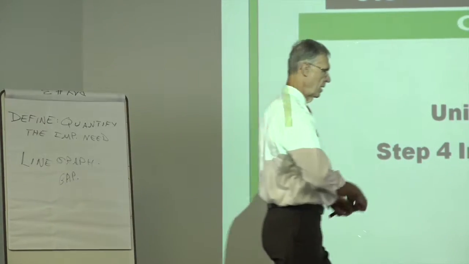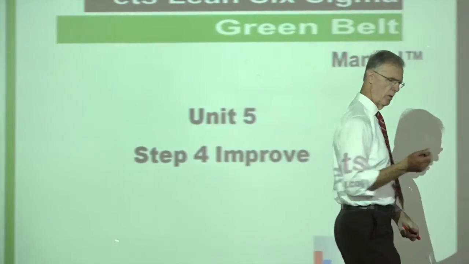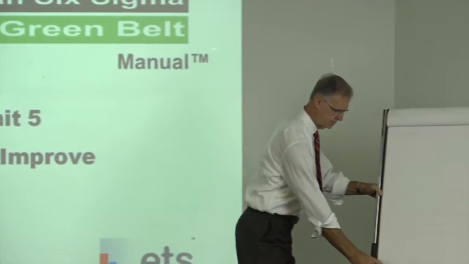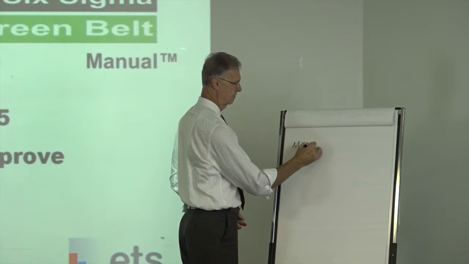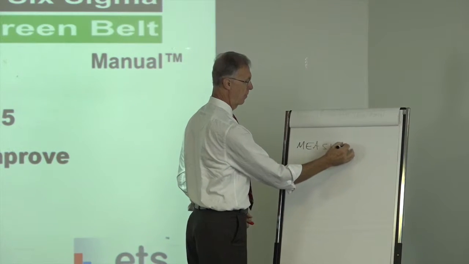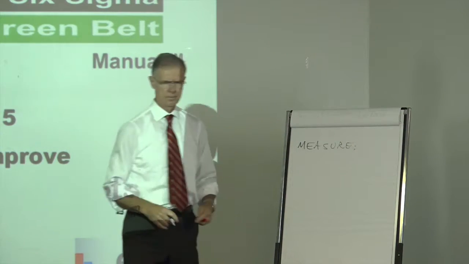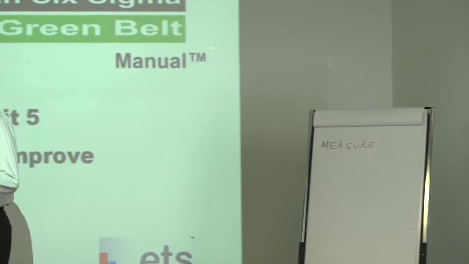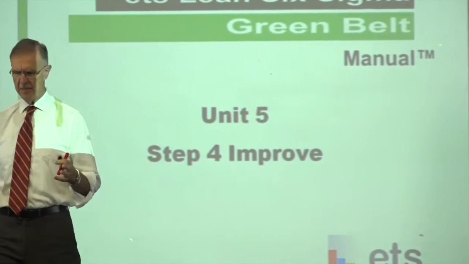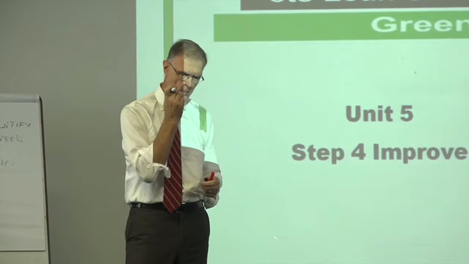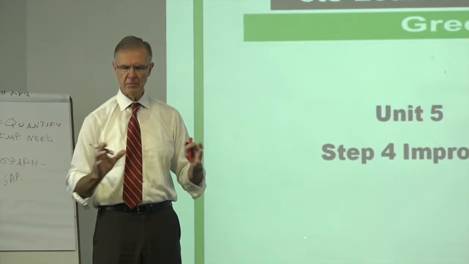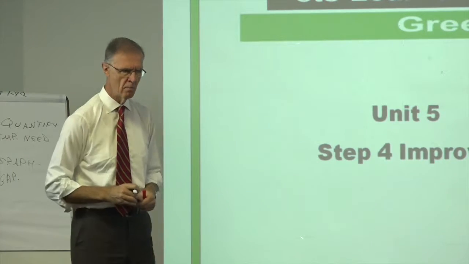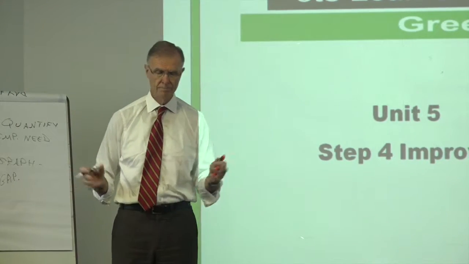Now, in the measure step, what are we trying to accomplish here? Define a problem. Define the problem. Okay, so as you think about the measure step and identifying the significant problem, is there any particular chart or graph or tool that comes to mind? Pareto. Excellent.